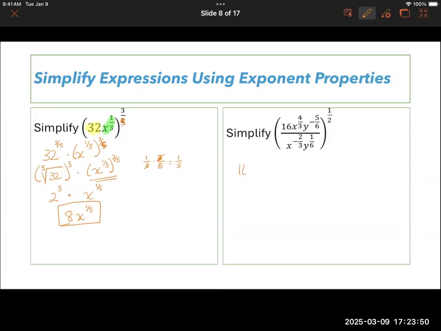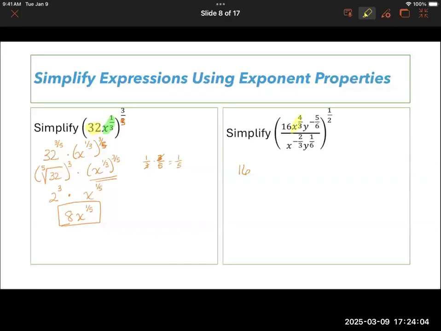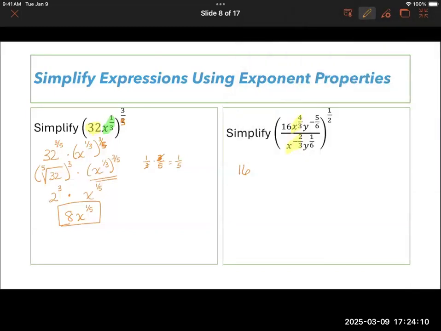So I'm going to have a 16 for my x terms here. Try that again. So for my x terms here, if I'm going to divide powers, that means I need to subtract the exponents. So I have x, the 4/3 minus -2/3 is going to give me 6/3.